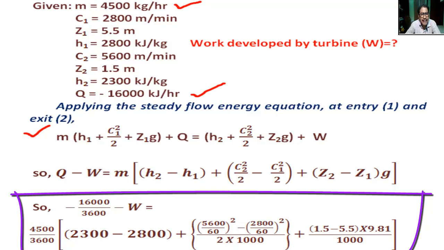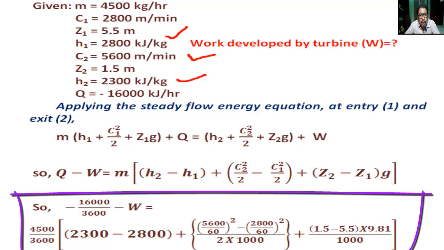Next bracket. Now H2 equal to 2300 kilojoule per kg minus H1 equal to 2800, plus C2 square by 2. C2 is 5600 meter per minute.